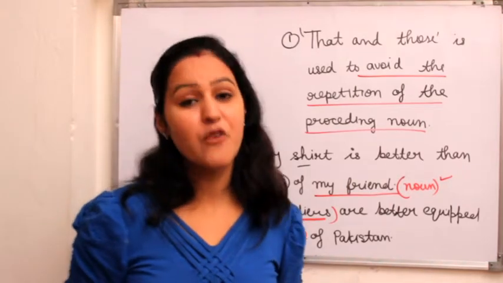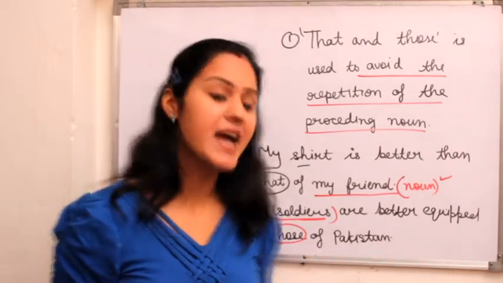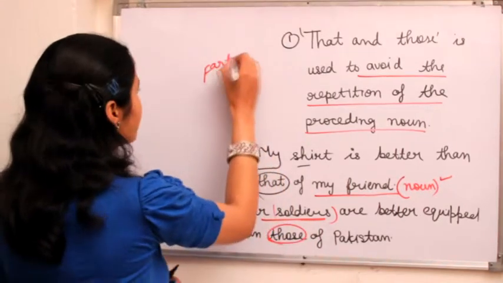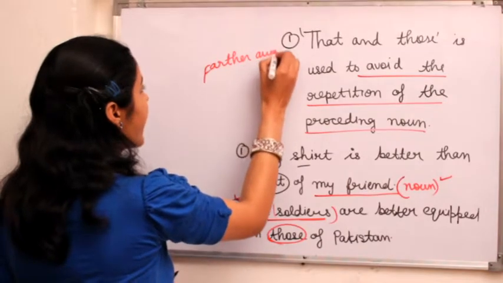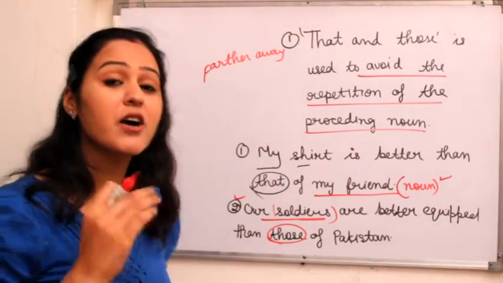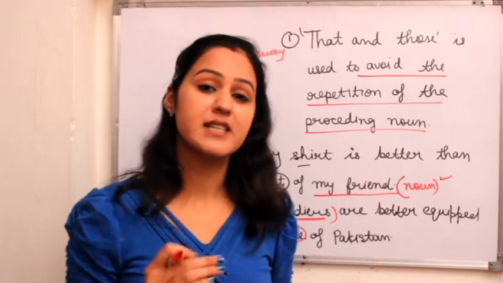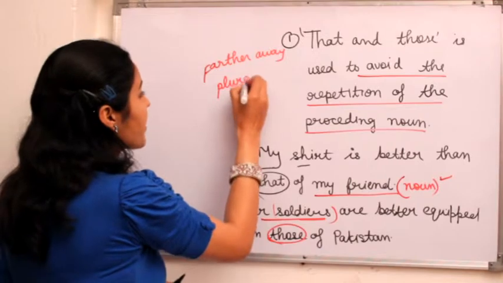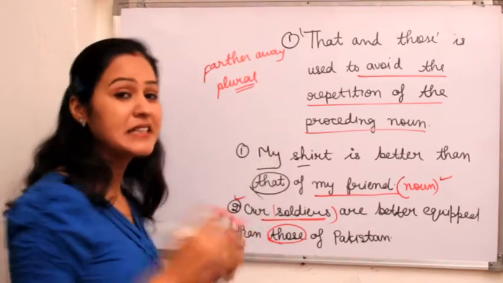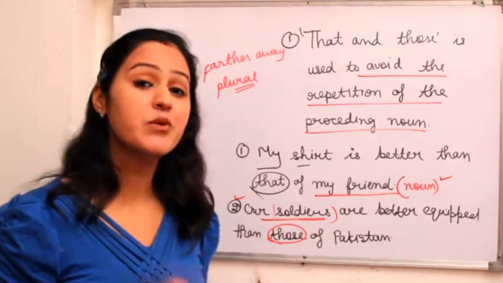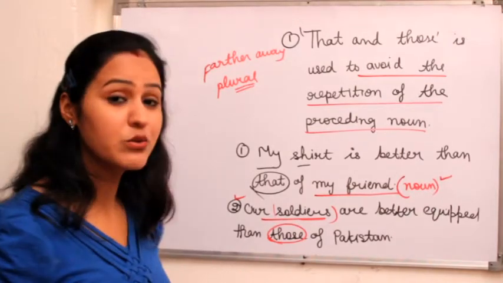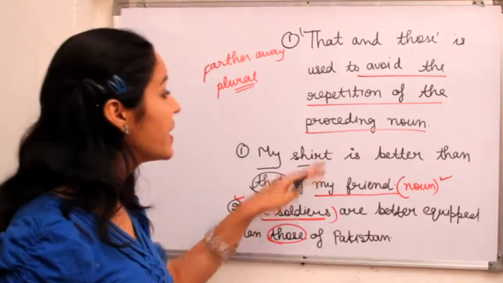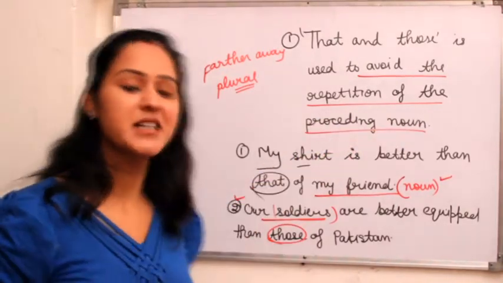First, they are further away from me, and I'm talking about a group of soldiers. That's why it is counted as plural. These are known as plural nouns, so I use that and those only to avoid the repetition of the preceding noun.